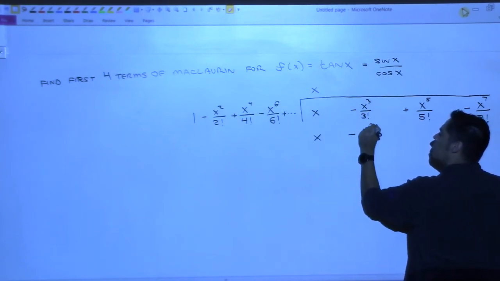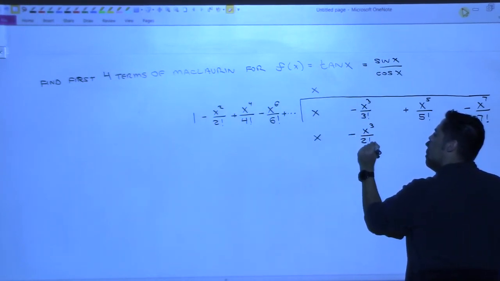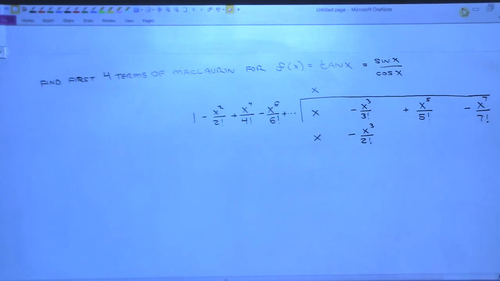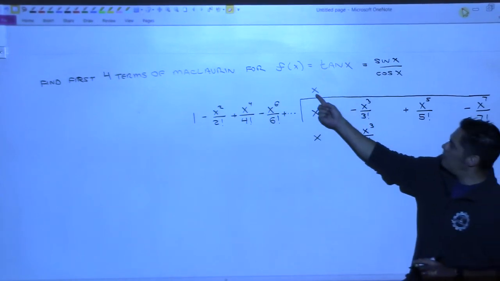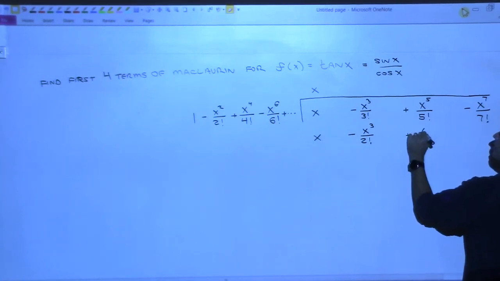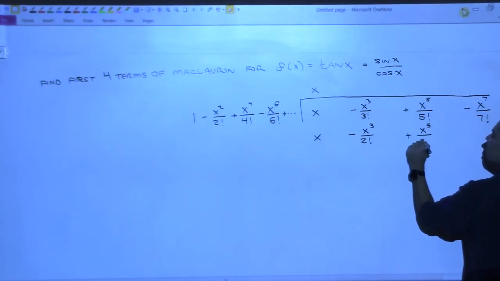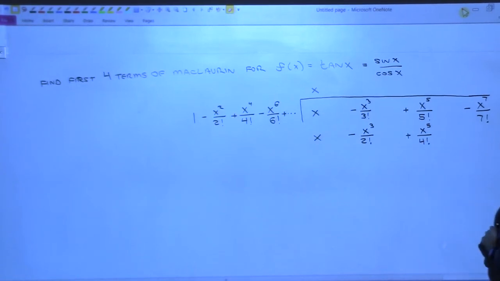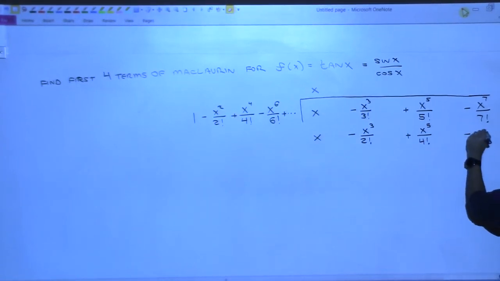You with me? Yeah. Then x times this one gives me positive x to the 5th over 4 factorial. And the last one, minus x to the 7th over 6 factorial.